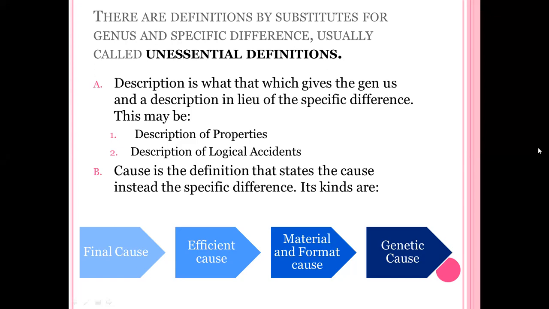For these unessential definitions, we have description and cause, and they are basically opposite, because for description, there is a specific difference. Meanwhile, cause defines the state of the cause, not the specific difference.